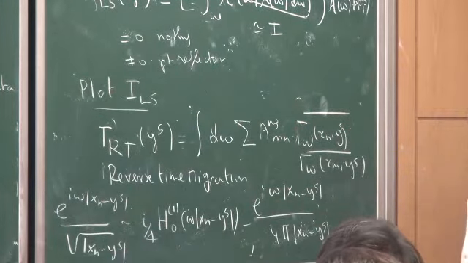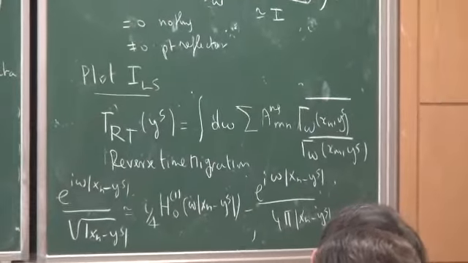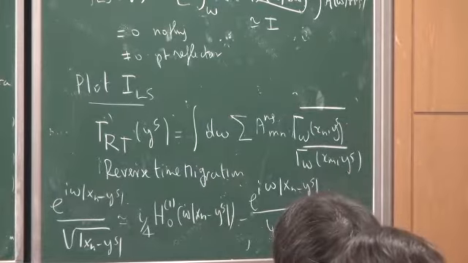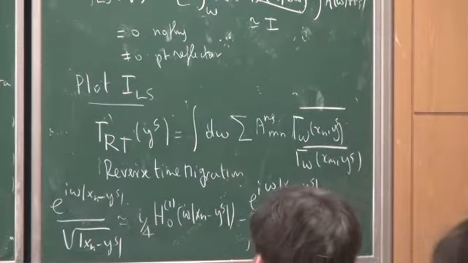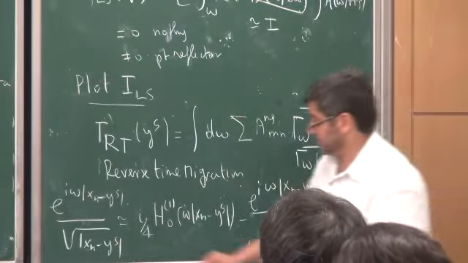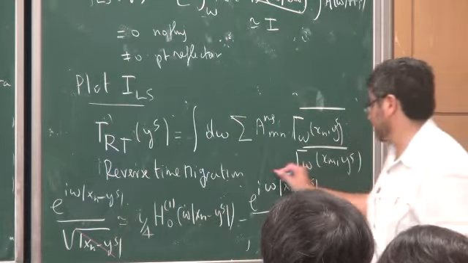So because we are lazy, we will get rid of all the factors we don't want to compute. We get rid of this one in 3 dimensions, or of this one in 2 dimensions, and we keep only the phase. This is phase.